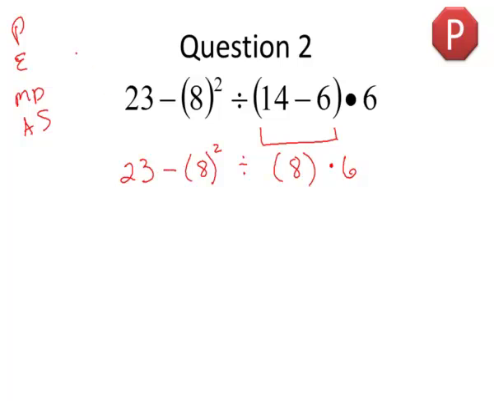All right, after parentheses, then I look for what? Exponents. I have an exponent right here. What's the base for this exponent? The base is the number that the exponent is on, and that would be the 8. The base is 8. The exponent is 2.